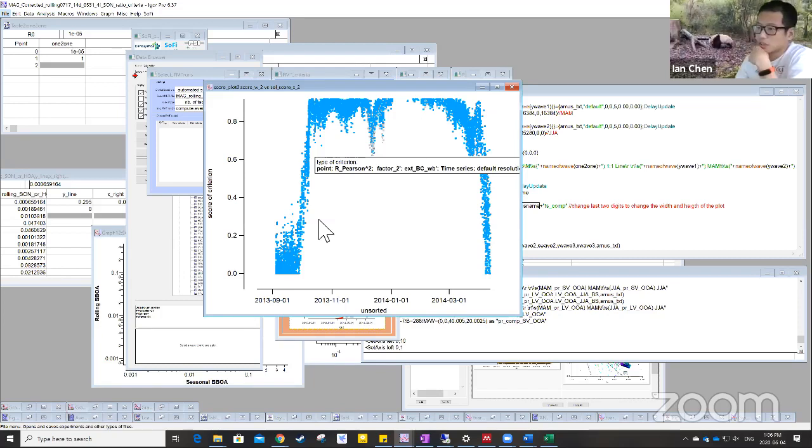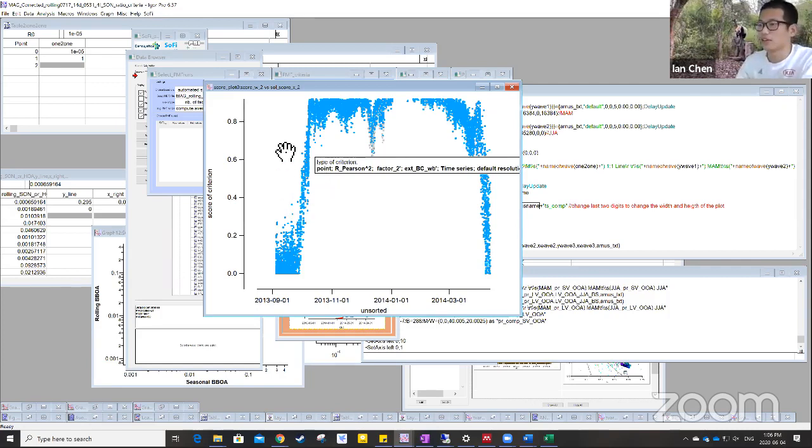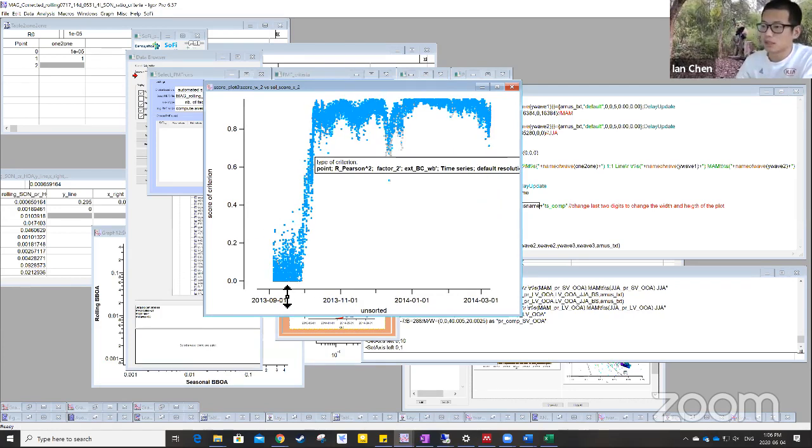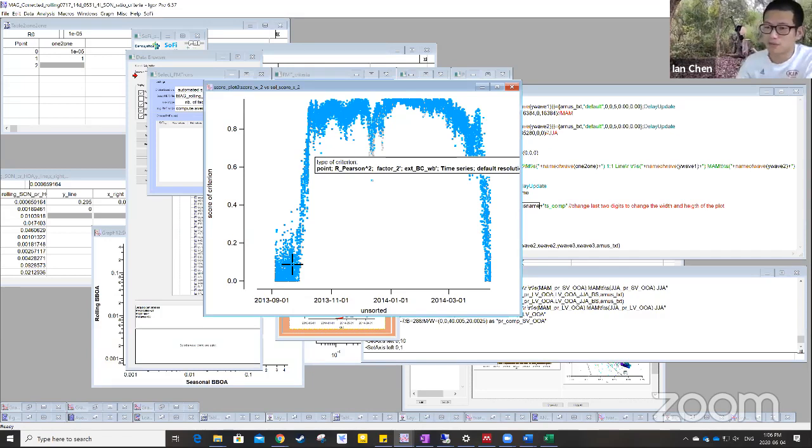But you see those points in the rolling result. So if I apply the 0.5, then I will miss the whole of September.